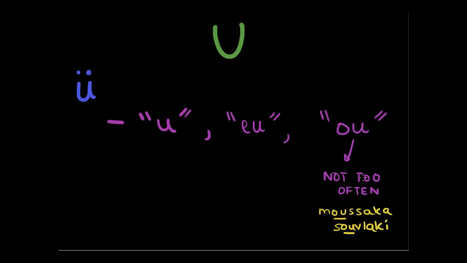And there are some ways to figure out which one it is. For EU, if there's a Y sound before, it's most likely going to be EU.